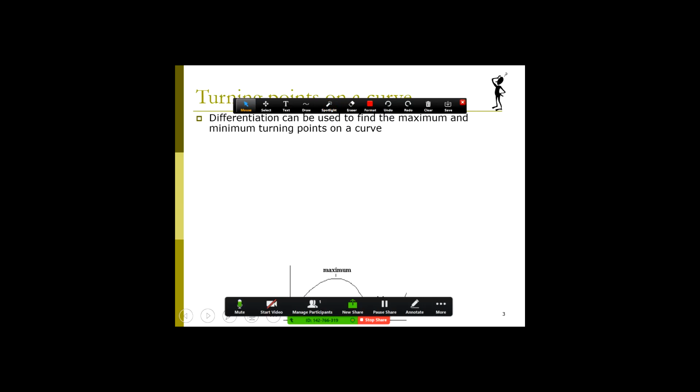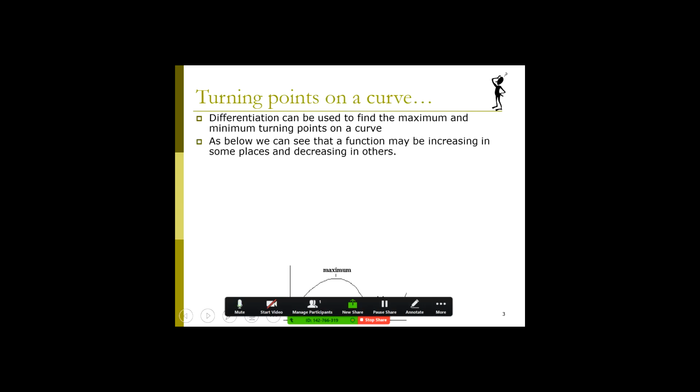So differentiation, as I've said, can be used to find the maximum and minimum turning points on a curve. As below, we can see that a function may be increasing in some places and decreasing in other places. A point where a function changes from increasing to decreasing, or vice versa, is known as a turning point.